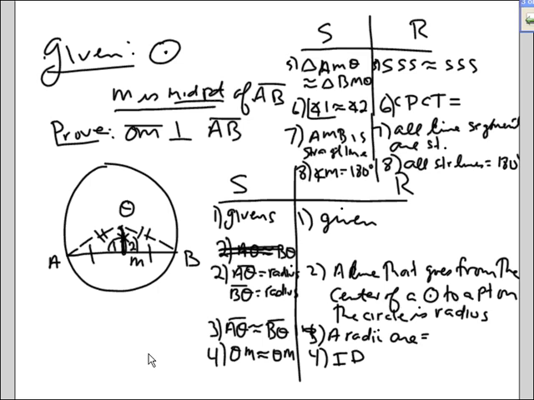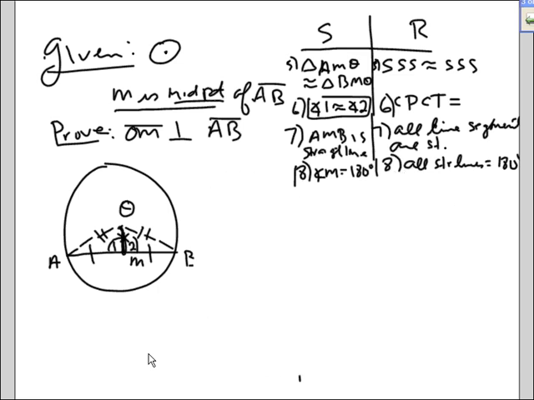Now, angle 1 plus angle 2 is angle M. Sum of parts equal the whole.